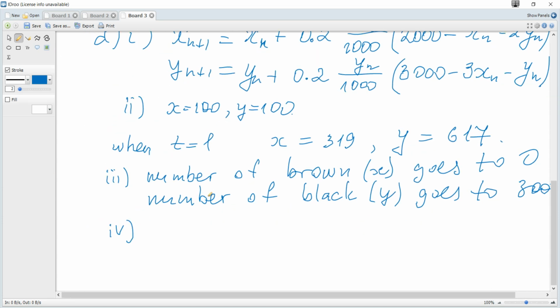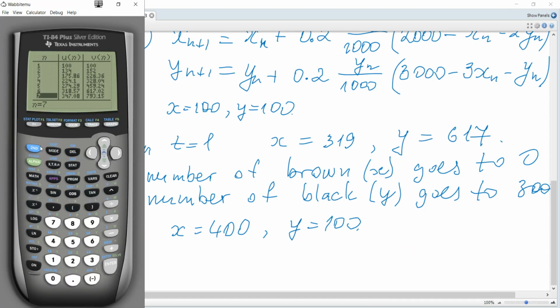The next: use the same method to find the long-term populations of squirrels when the initial populations are 400 and 100. So when x is 400 and y is 100. And in general, for the window you just choose some maximum values for x and y, for the graph to be seen.